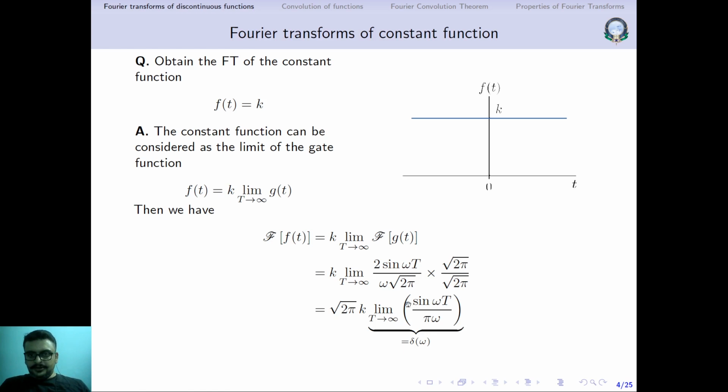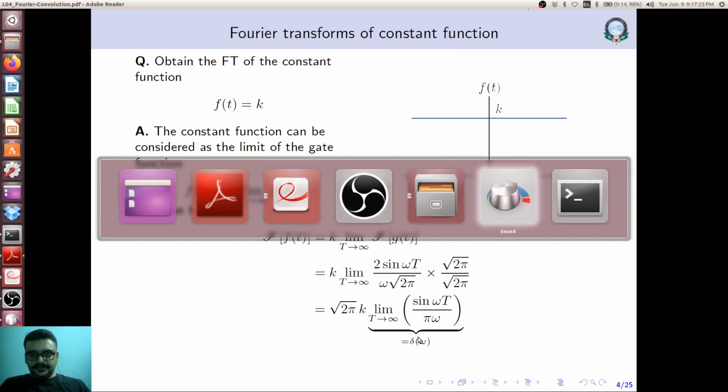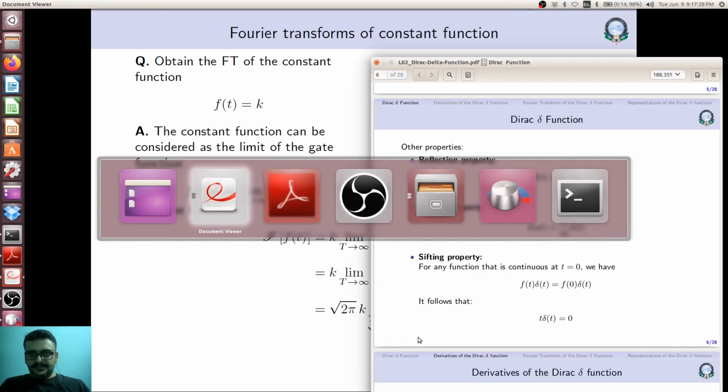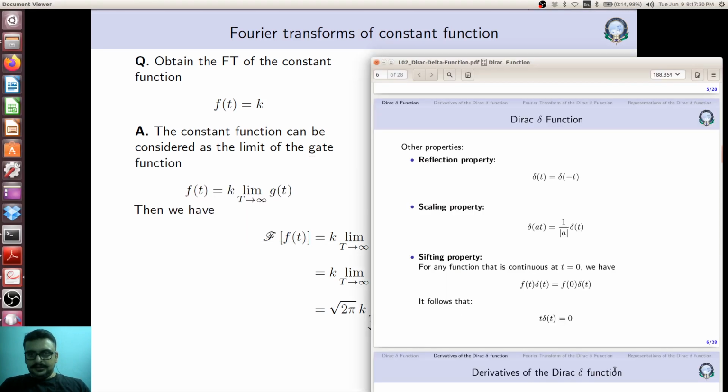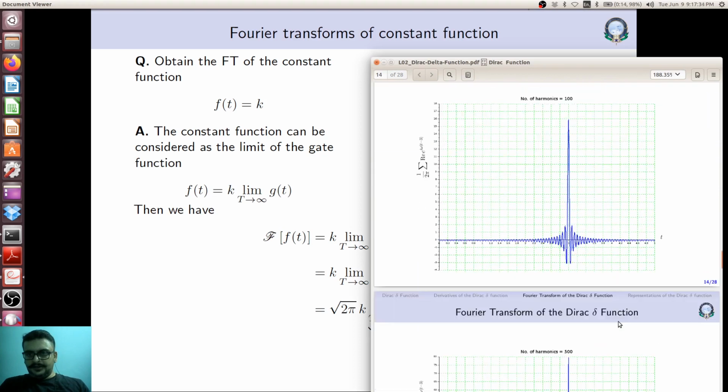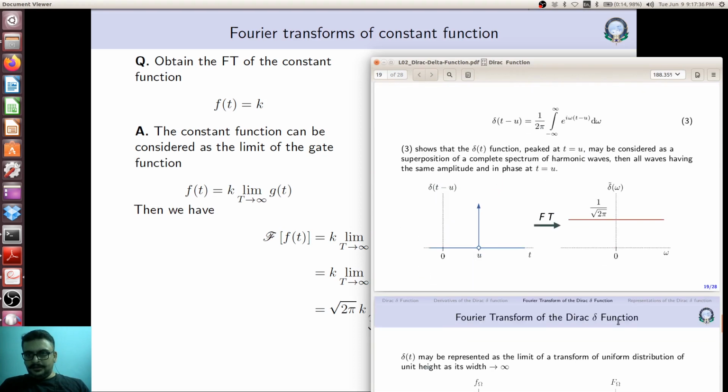Now this we already know, this is nothing but one of the representations of the Dirac delta function. If you recall, we had done this in one of the previous lectures, one of the representations of the Dirac delta function. Let me pull up that slide here.